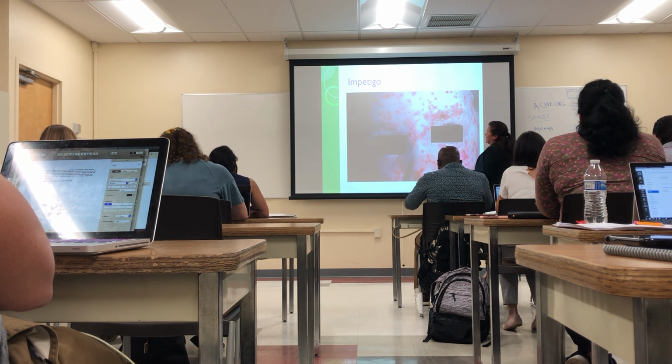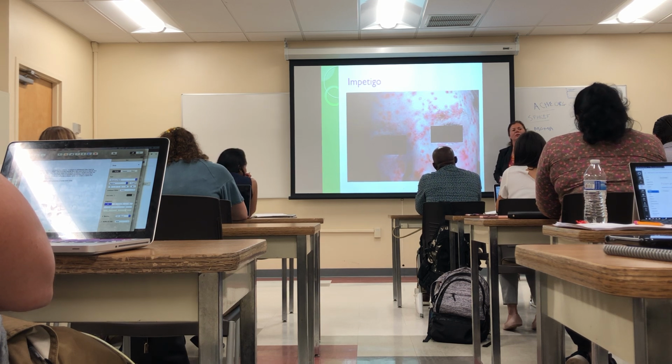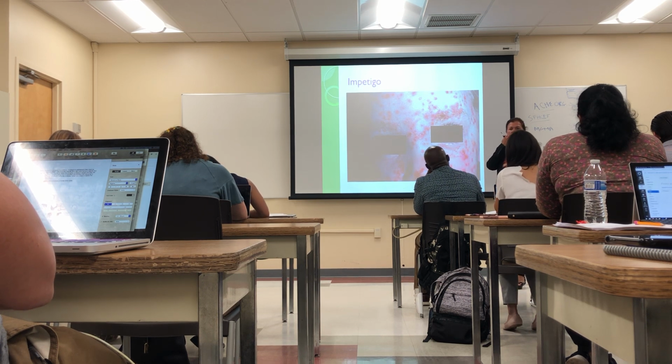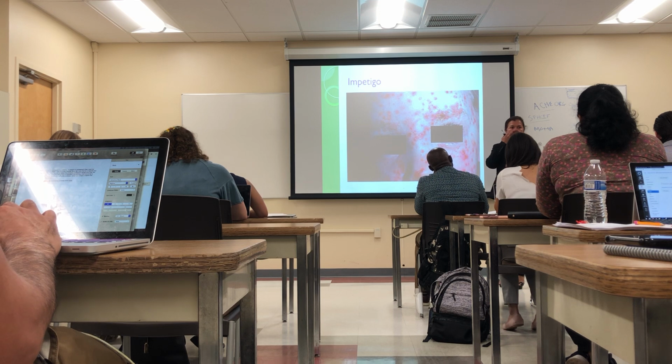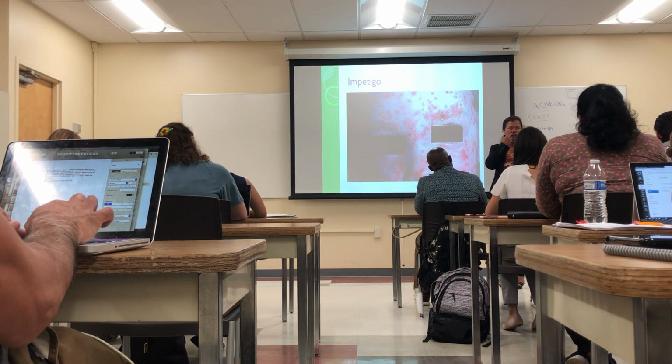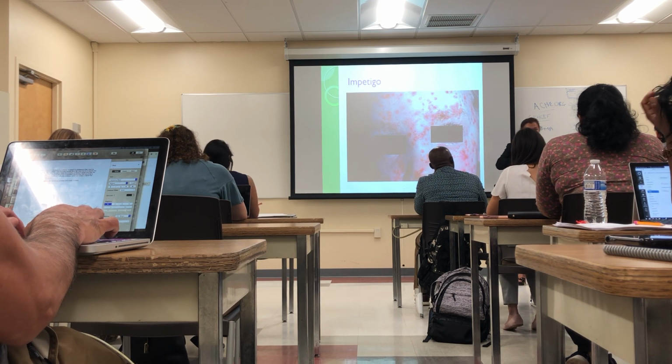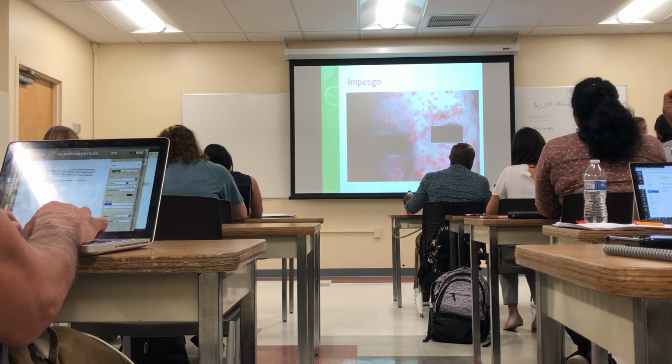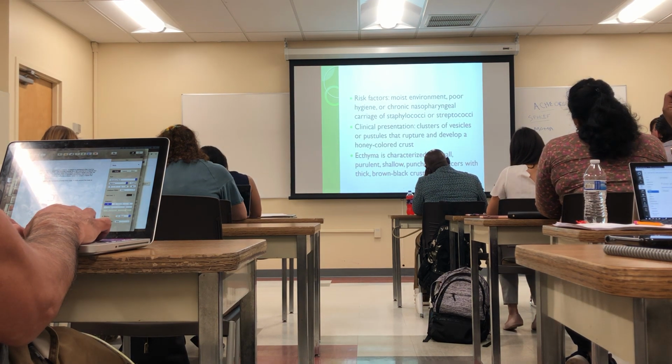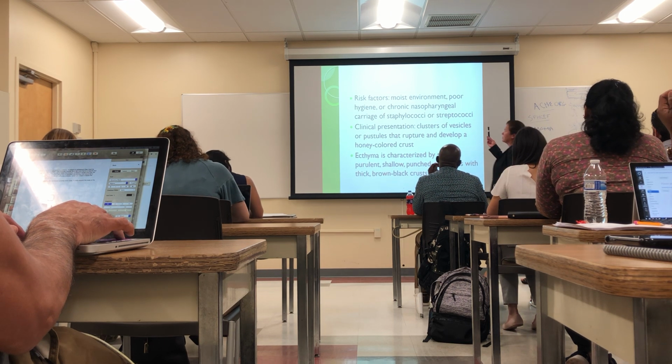The majority start, which is highly characteristic of impetigo, around orifices, around the mouth, around the nose, okay? Then of course, after that it will spread. Now, what are the risk factors?